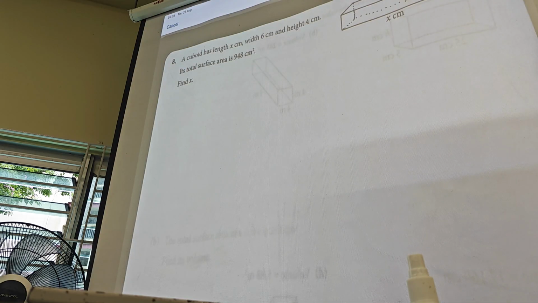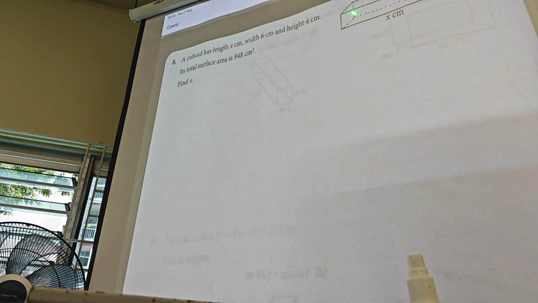The bottom rectangle is the same as the top rectangle. Then if I see from the right, I have a 4 times 6. Then if from the left is also the same 4 times 6. Then I see from the front, it will be x times 4. And the back will be same, x times 4.